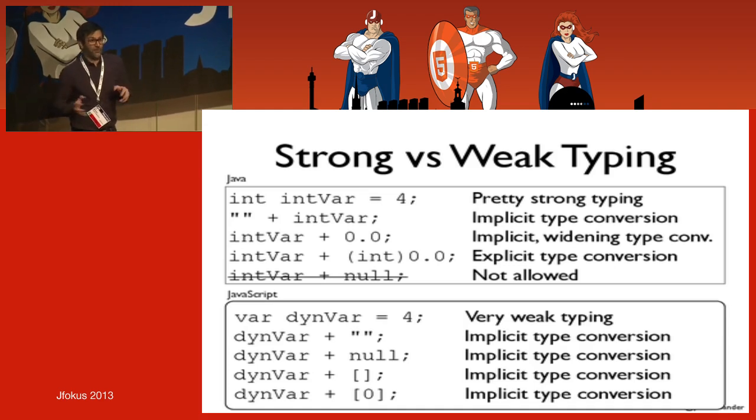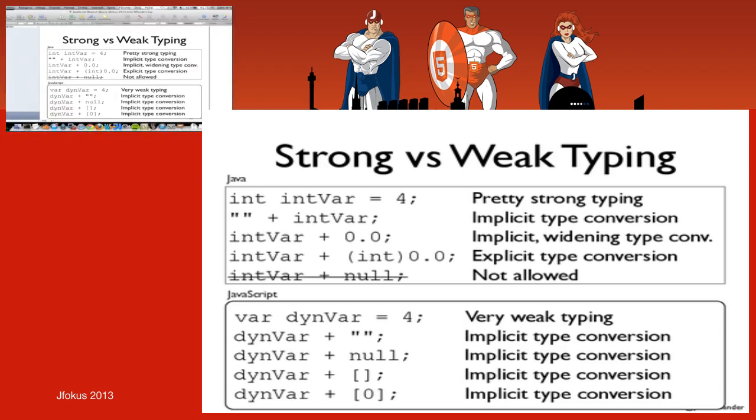The typing system will try to figure out whatever you do, it will try to come up with some type, and this seems to work. Let's go with this one. So you can add a string to that dynamic variable that you had, 4. You can add null, you can add an empty array, you can add an array with a value of 0. All of these are possible. We should actually try to do it.